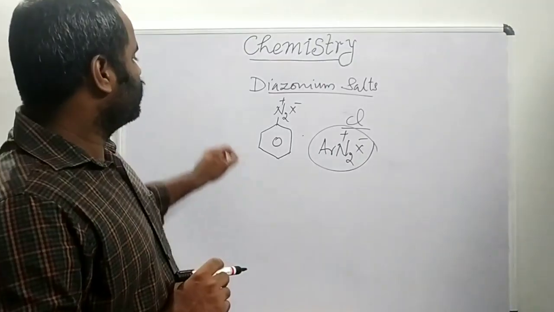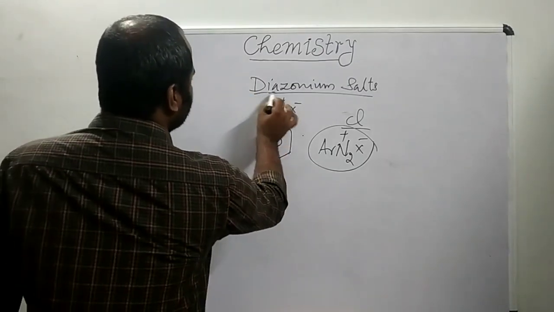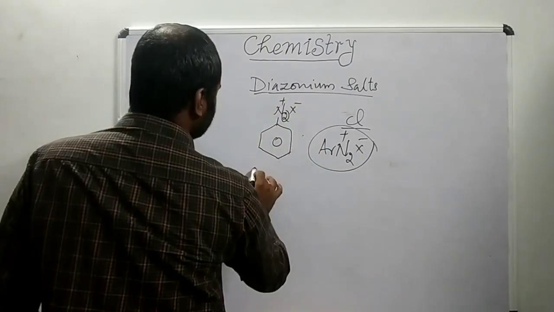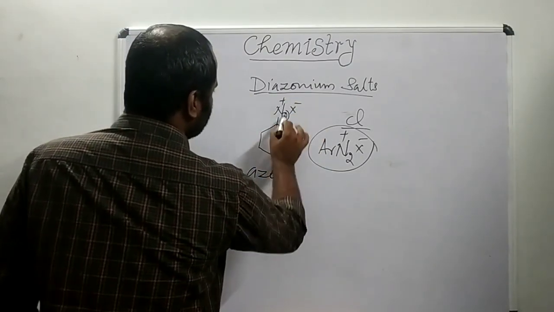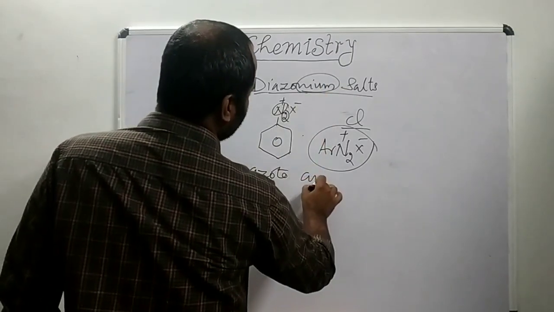So let us discuss: di stands for two, nitrogen is azote, and onium came from ammonium.